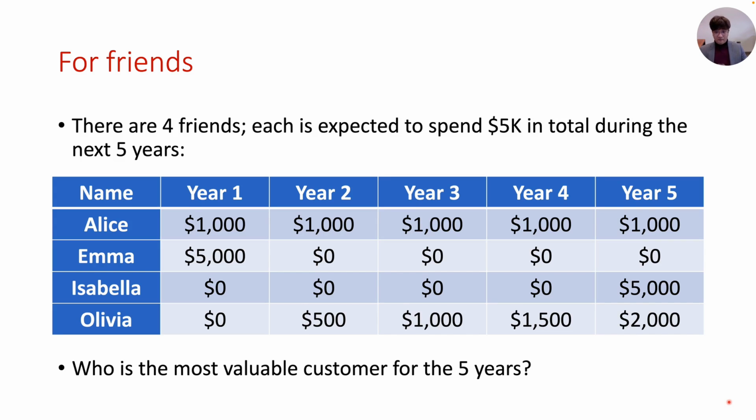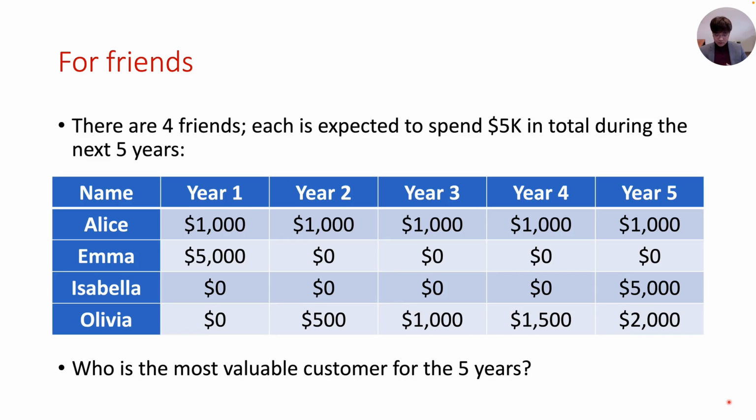Let me start with an example. Suppose that there are four friends, Alice, Emma, Isabella, and Olivia. Each of them is expected to spend $5,000 in total during the next 5 years. But the amount of spending in each year varies across these guys as follows.